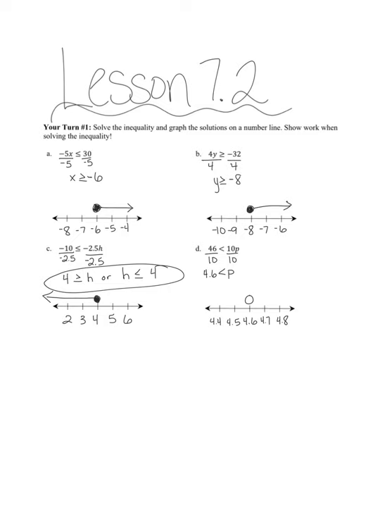And then just like I did in part C, if you feel more comfortable seeing the variable on the other side, you can rewrite it. But keep in mind, if you reverse your boundary and your variable, your inequality sign must also change.